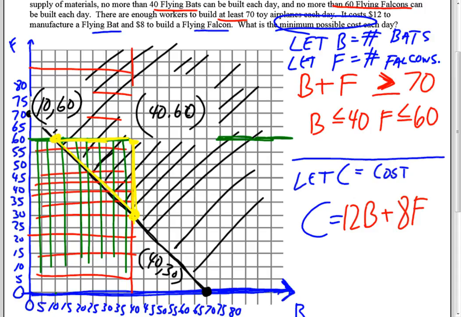So maybe it might be a good idea to write that down right underneath your equation. So can we say we've effectively ruled out 40, 60 as the number? Yes.